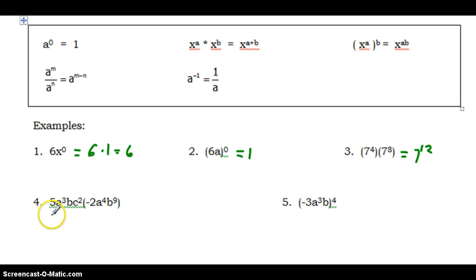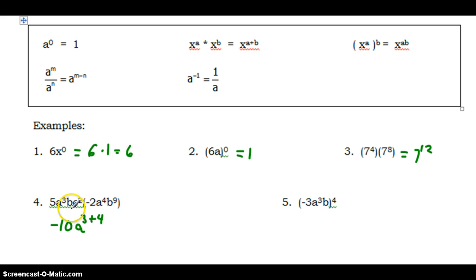Remember how you do this is you look at each item, and first we look at the coefficients. So we have 5 times negative 2, which would be negative 10. And then we look at the same base. So a to the third times a to the fourth. We would add those exponents. So a to the third plus 4.